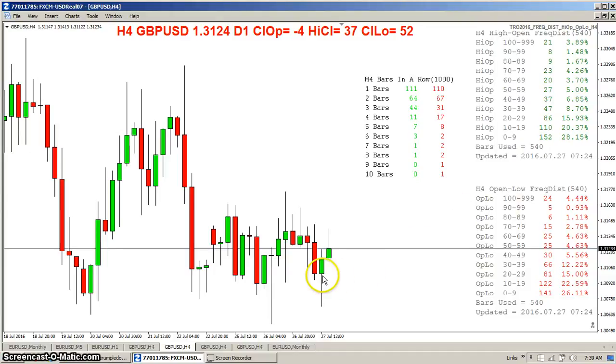Anyway, also if we look at the open to low, you can also see the frequency distribution. So you see here, it's going to be 10 pips or more, 70+% of the time. Here it's going to be 10 or more once again, 70+ percent of the time based on the last 540 bars.